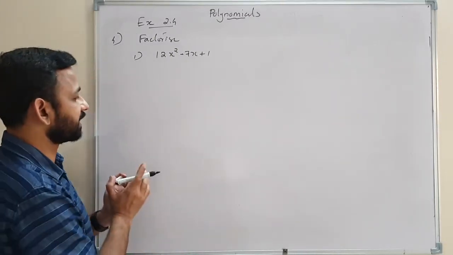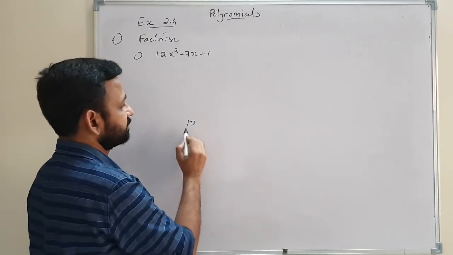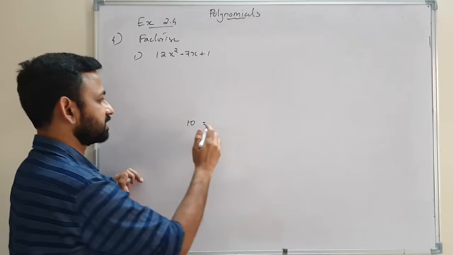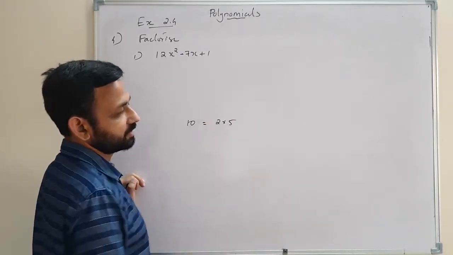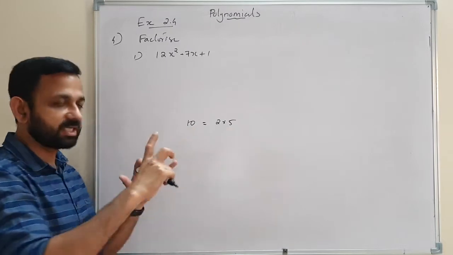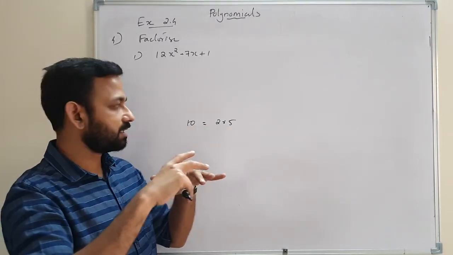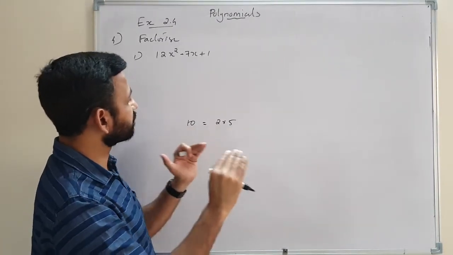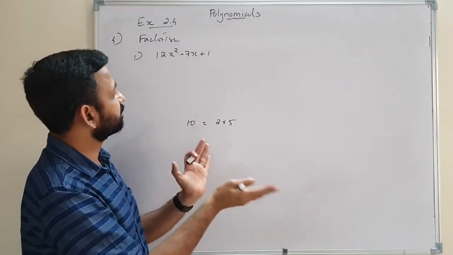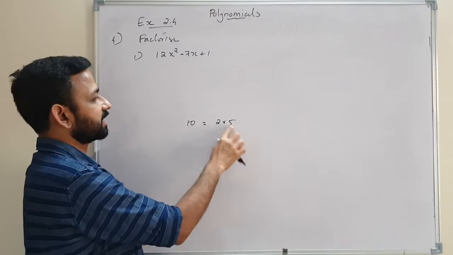If you want to factorize 10, we can write 10 as the product of its factors, that is 2 into 5. So this is factorization, converting the given expression into the product of its factors.